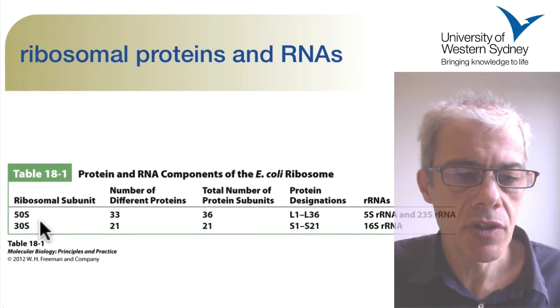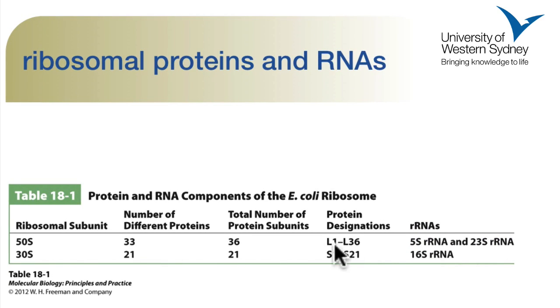So for these two subunits, this is a brief breakdown of what each subunit contains. The small 30S subunit is made up of 21 individual proteins, and it's made up of a large ribosomal RNA, so an rRNA. And the 50S subunit is made up of 33 different proteins, and there's 36 proteins in total, so some of them occur more than once.